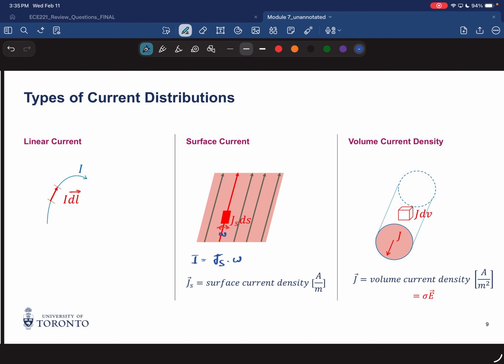And in order to find I here, you would say this is the integral of J dot ds. So you have 2 dimensions. Does it make sense?